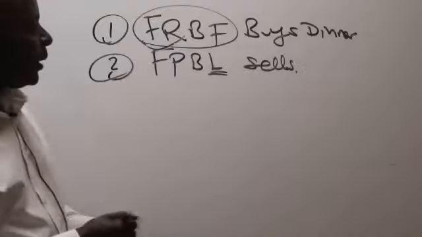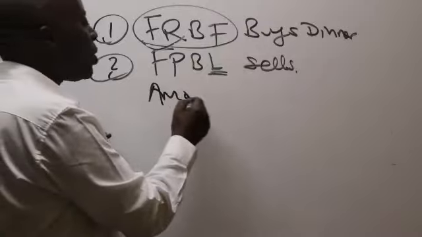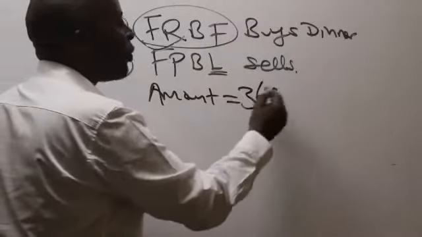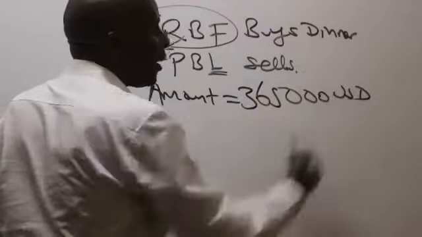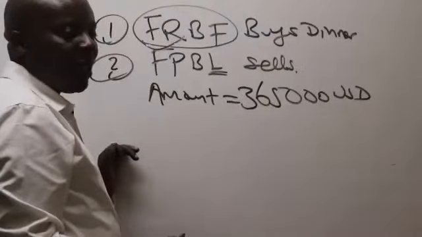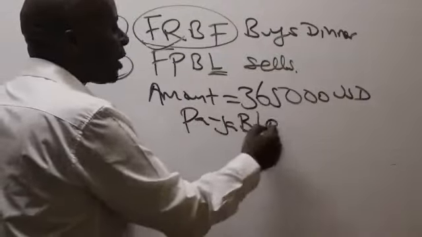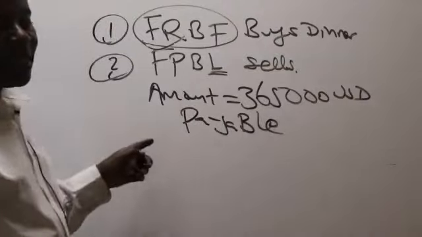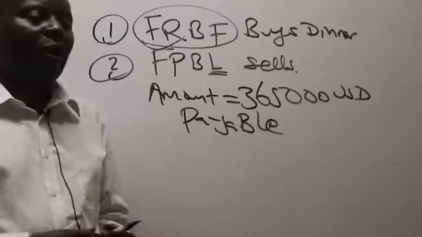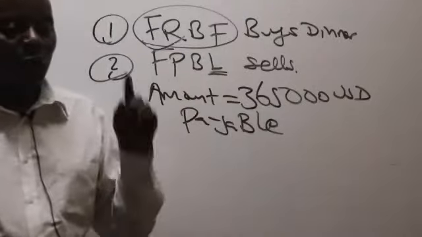Now, ladies and gentlemen, please remember the amount. The amount you gave me is $365,000 US, and you told me it's a payable. If it's a payable, very fast, could you kindly tell me the rule that I will use? Am I going to use rule number 1 or rule number 2?